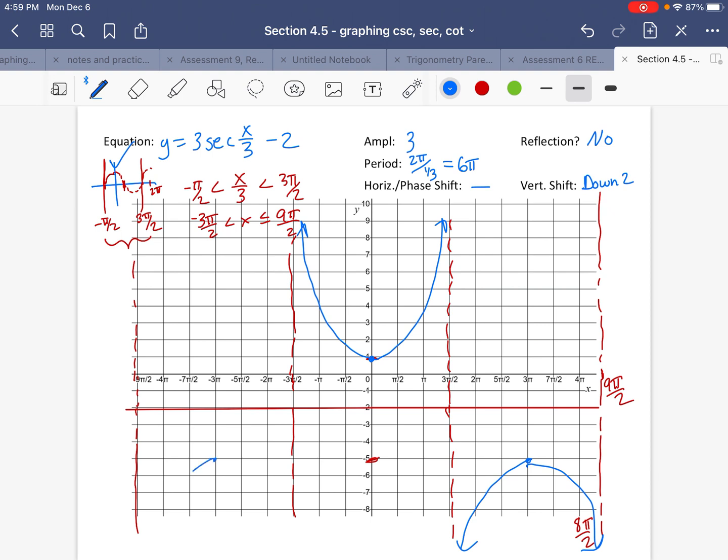On the left, I will do the same thing, center going down. This space should be 6 pi wide, and if you do 9 pi over 2 minus negative 3 pi over 2, you get 12 pi over 2, which is 6 pi.